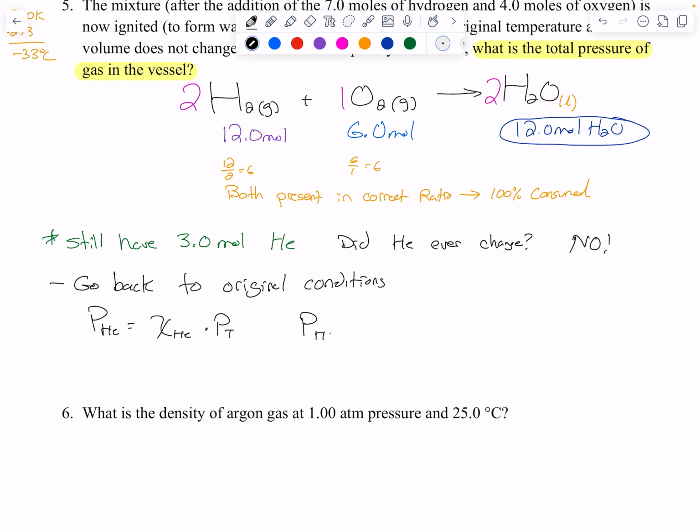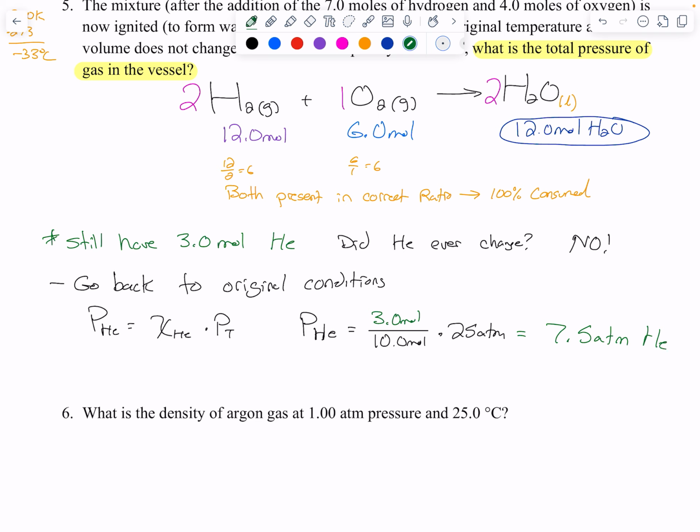We had 3 moles of helium over 10 moles total, times 25 atmospheres. That was the original pressure. So that looks like it was 7.5 atmospheres of helium. And there we go.